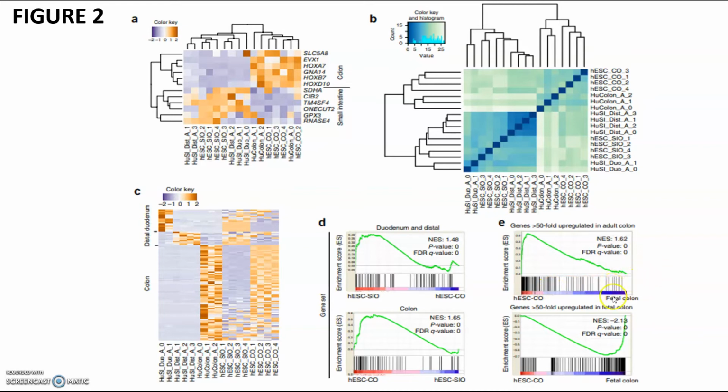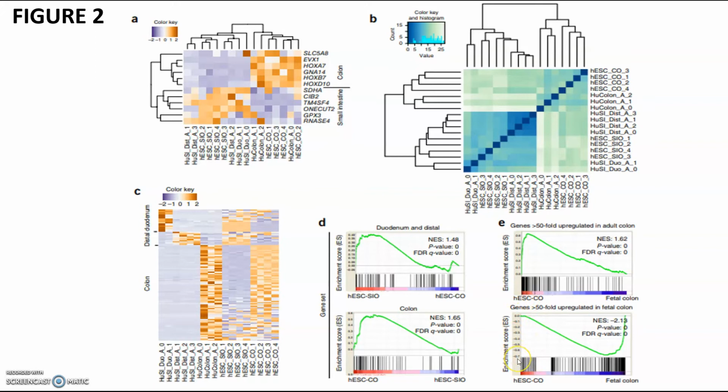And then we have fetal colon, which is pretty non-existent. And then we have the fetal colon right here, upregulated in fetal colon. So we have human embryonic stem cell colonic organoids right here, but we have fetal colon that rises up, so it's more fetal colon right here than colonic or adult human colonic organoids.